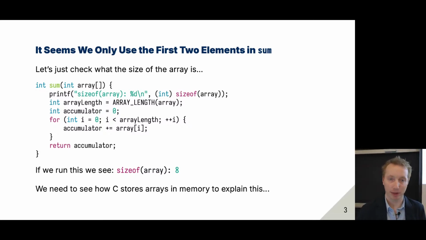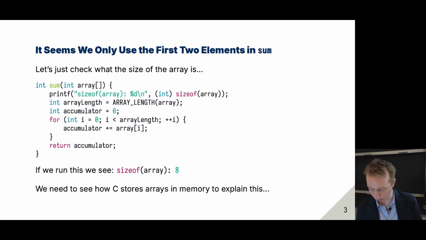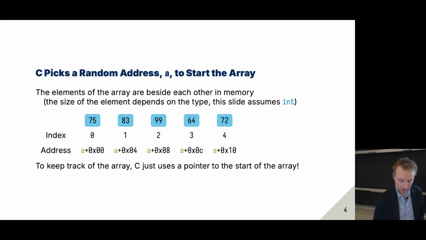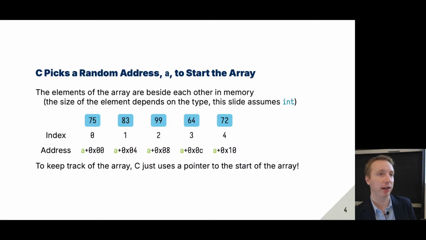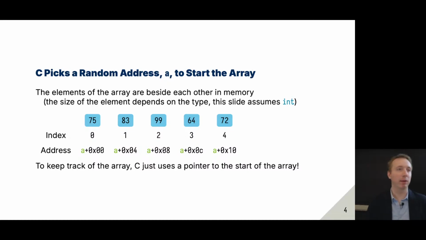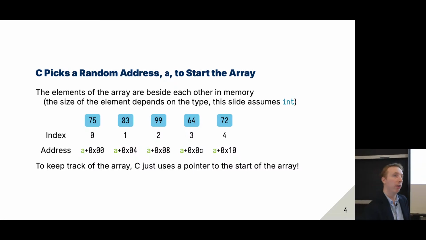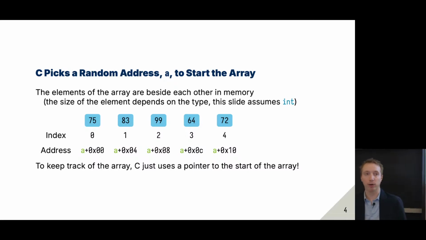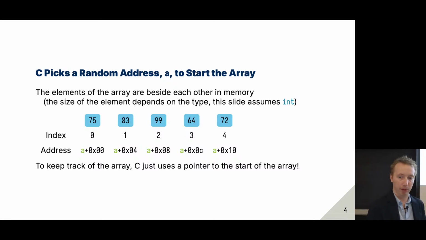Kinda weird. So to explain why that is, we have to explain how C actually stores arrays in memory. And it's a good thing we had a pointer lecture before the array lecture. So how arrays are actually stored in memory is, for the purposes of this course, it essentially just picks a random address A to start the array, and then all the elements of the array are going to be beside each other in memory.